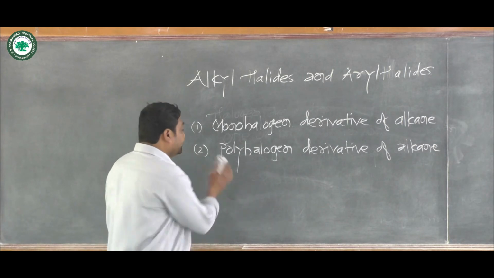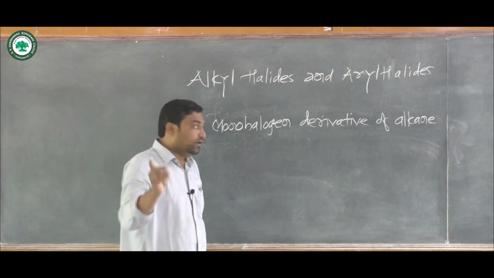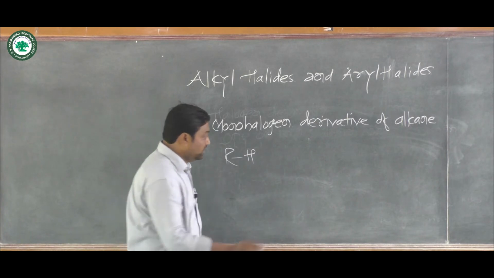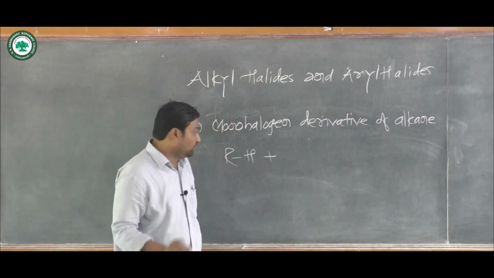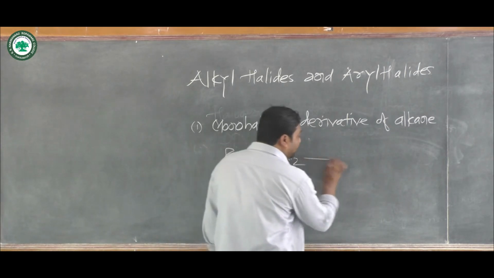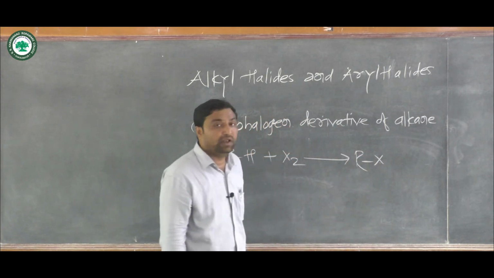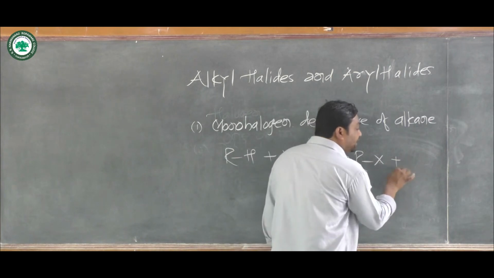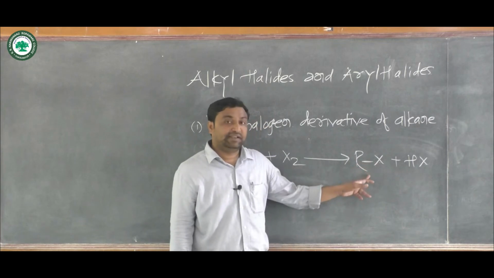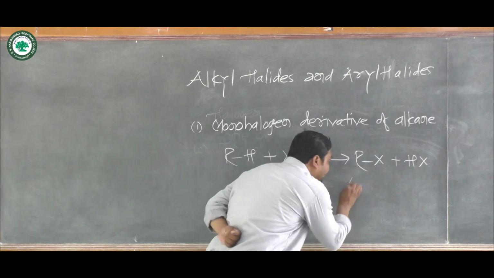In this case, we replace one hydrogen atom of the alkane by one halogen atom, and we obtain monohalogen derivatives of alkane as a product, with the formation of haloacid. Now this RX, the monohalogen derivative of alkane, is nothing but an alkyl halide.